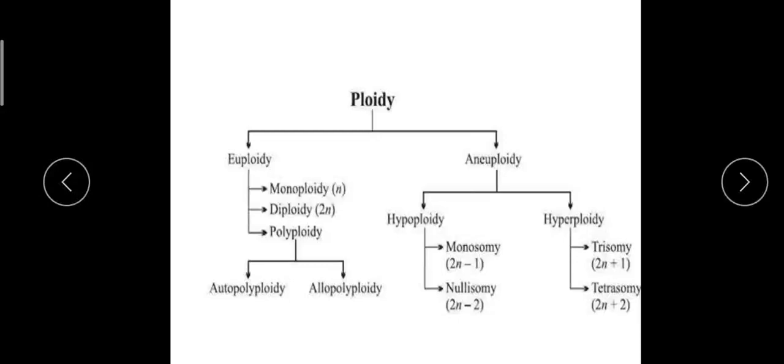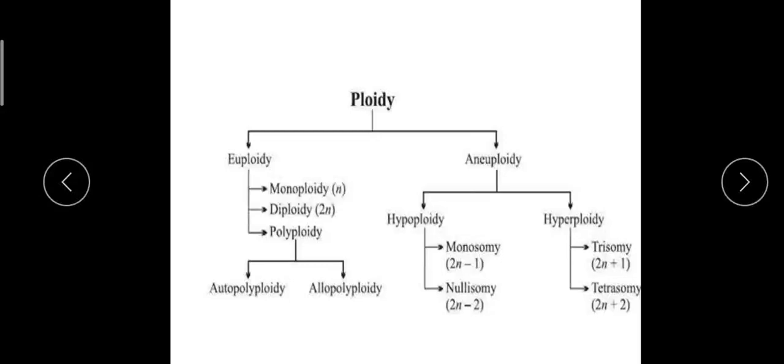And polyploidy, as you know, is where the chromosome number in the somatic cells will be found in multiples. The somatic cells have a chromosome number which is a multiple of the basic genome.